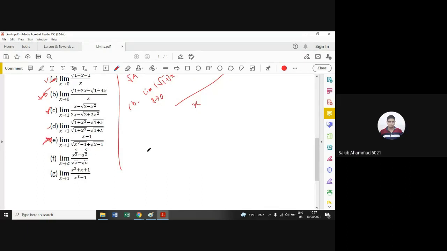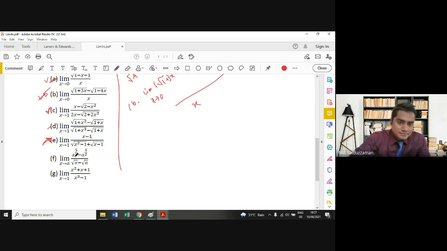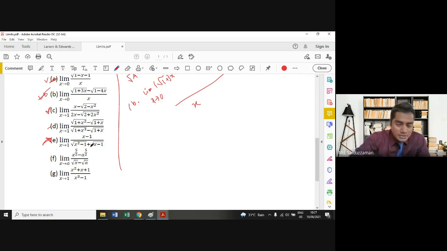For x plus 1, multiply? No, we will try to make its opposite here. The bottom part's opposite, that is the opposite of the denominator. Actually, what is your target?